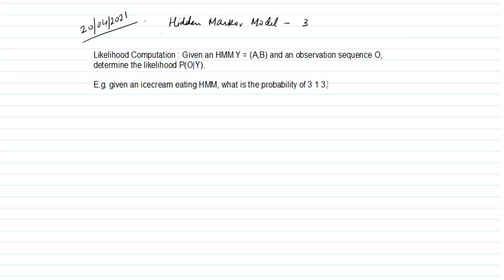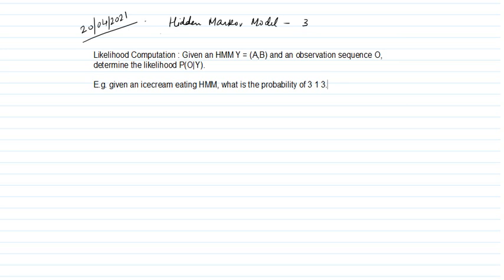Let me again briefly tell you about the ice cream eating HMM. It is actually predicting the weather, that is hot and cold, based on the number of ice creams sold on that day. So day 1 is 3, day 2 is 1, and day 3 is 3. On the first day 3 ice creams are sold, on the second day 1 ice cream is sold, and the third day 3 ice creams are sold. So these 313 are the observations, and the states are hot and cold.